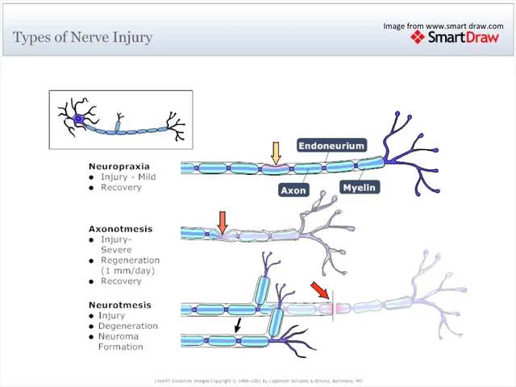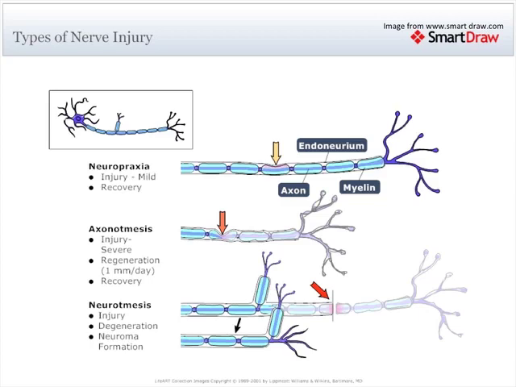So this results in a temporary loss of function only, and recovery of function usually takes hours to many months with expected full recovery. This is kind of like sitting on your hand and it falling asleep.